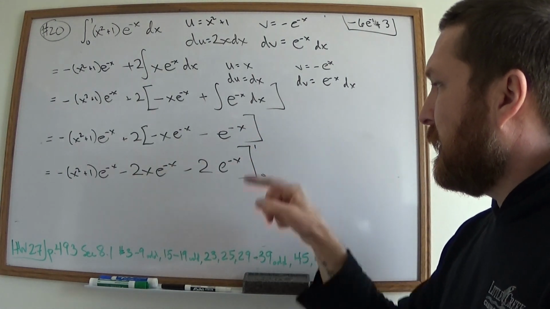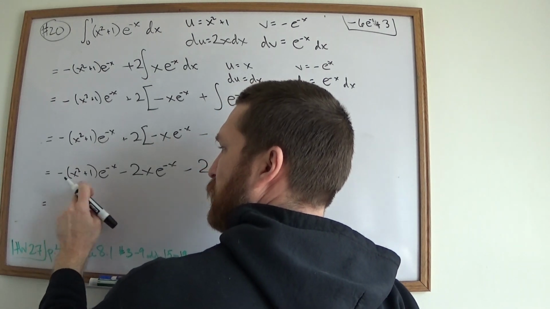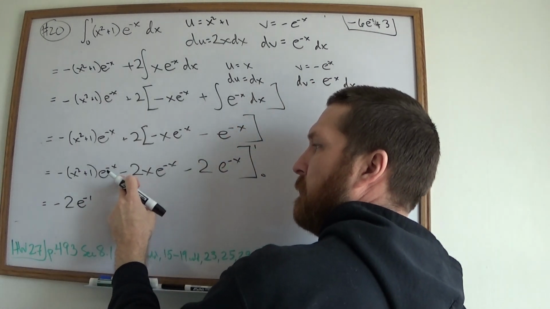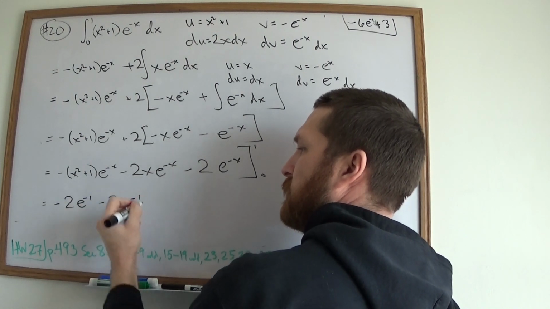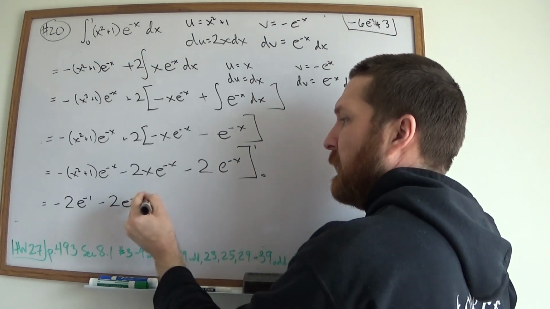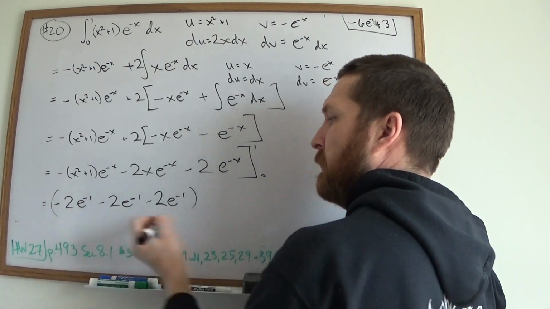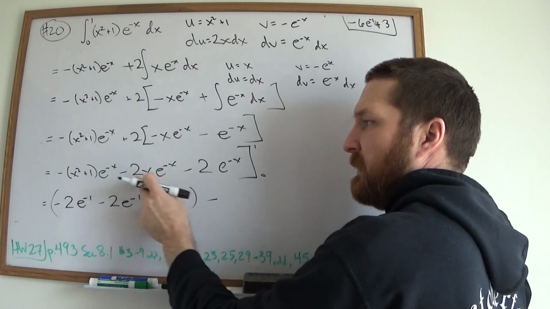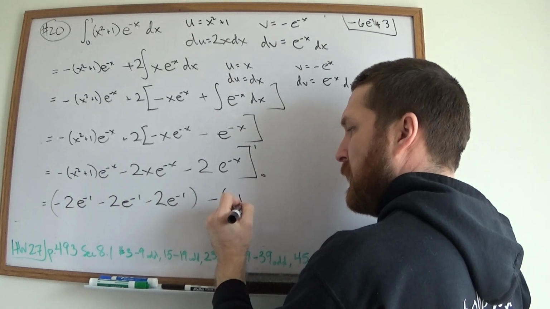So when I plug in a 1, that's negative 2 e to the negative 1, minus 2 e to the minus 1, minus 2 e to the minus 1. Minus, what happens when I plug in a 0? Well, e goes to 0, but now it's a 1.